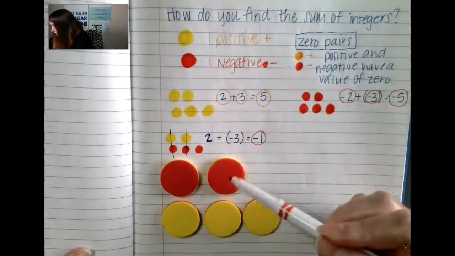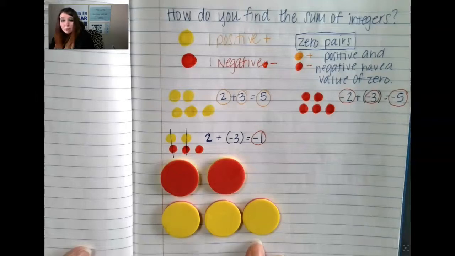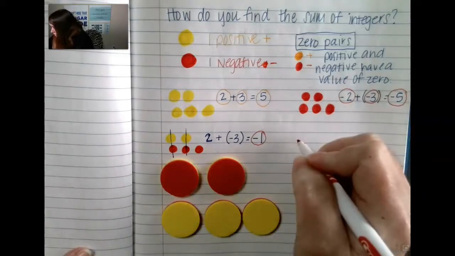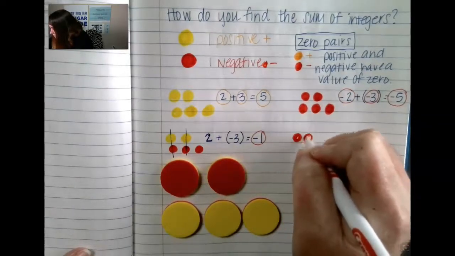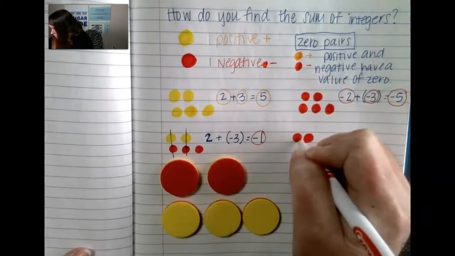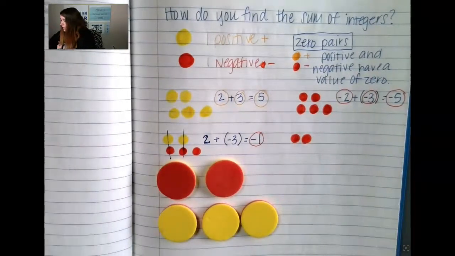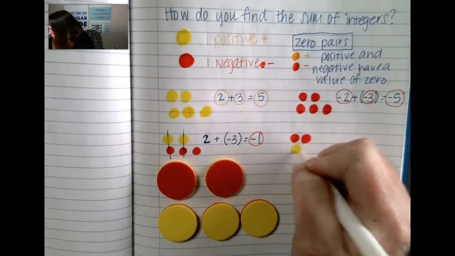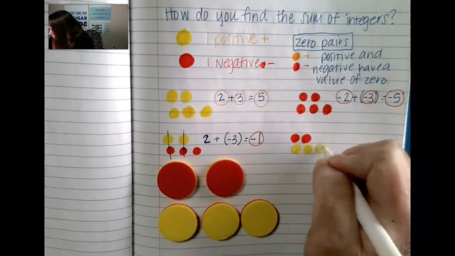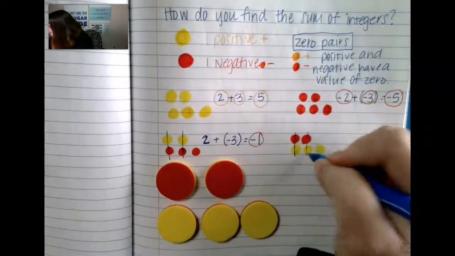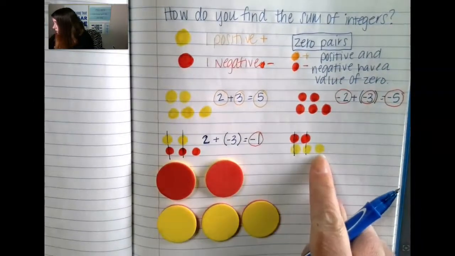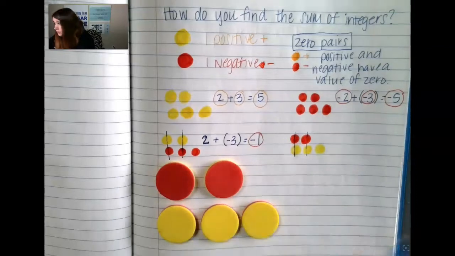I cancel these 0 pairs out and I end up with 1 positive. So I started with 2 negatives, and then I added on 3 positives. This zeroes out, and then I end up with a +1 left over.